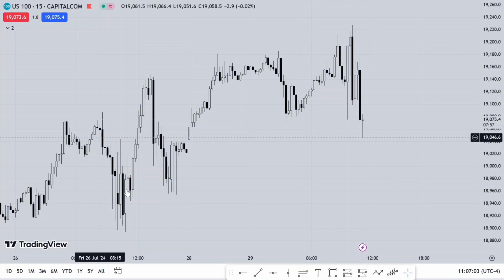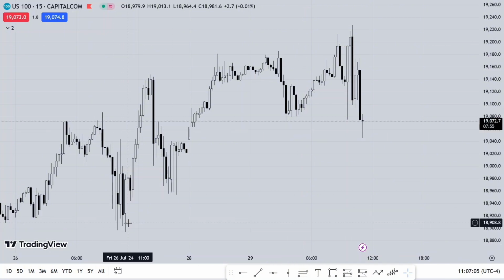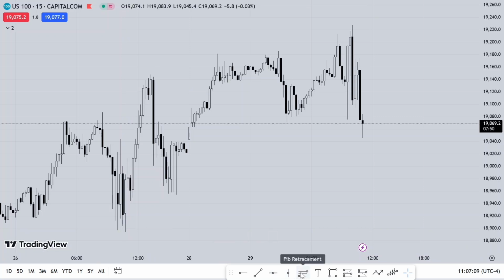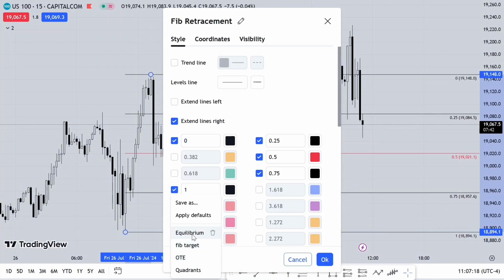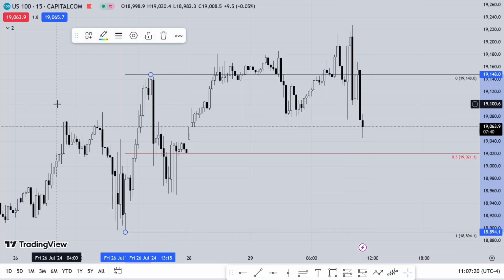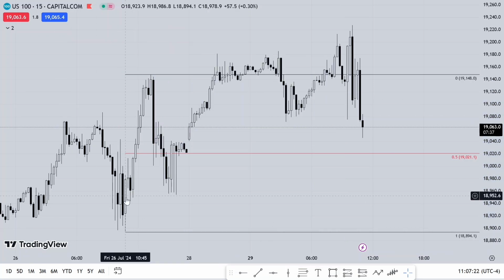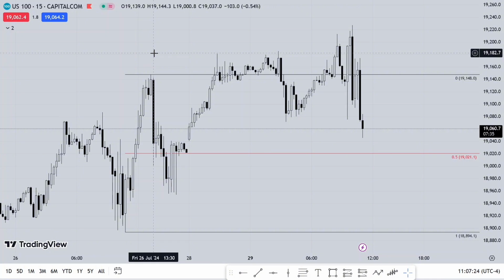So for example, using this swing point, this swing low, this major swing low. If you take your Fibonacci from this swing low to this swing high, let's switch this to equilibrium. So in this video we'll be interchanging the teaching on equilibrium, premium, and discount in one.